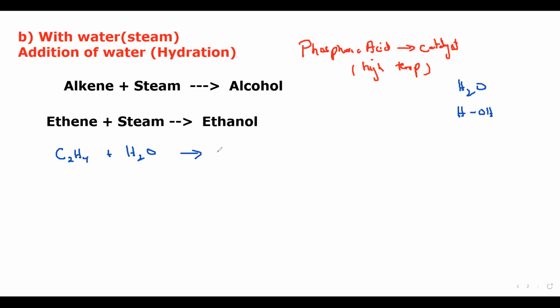So when H is added, it will become C2H5, and then OH is added, so it becomes C2H5OH. Whenever a compound contains an OH group, we call it an alcohol. So alkene plus steam results in the formation of alcohol.